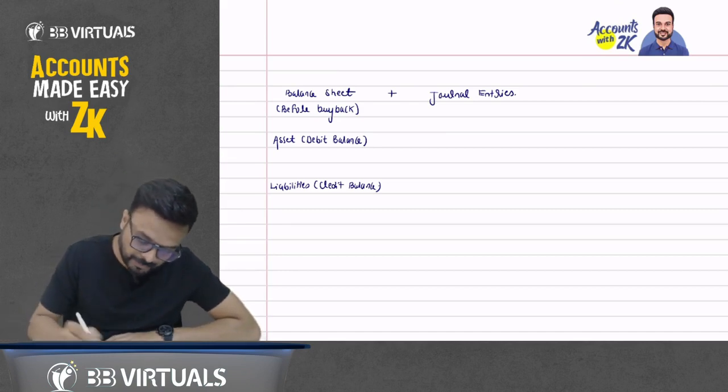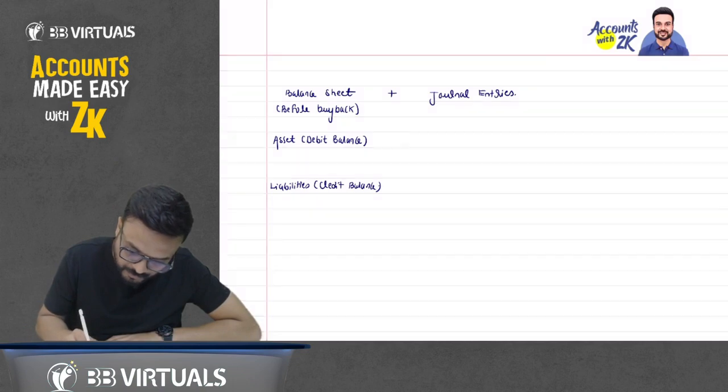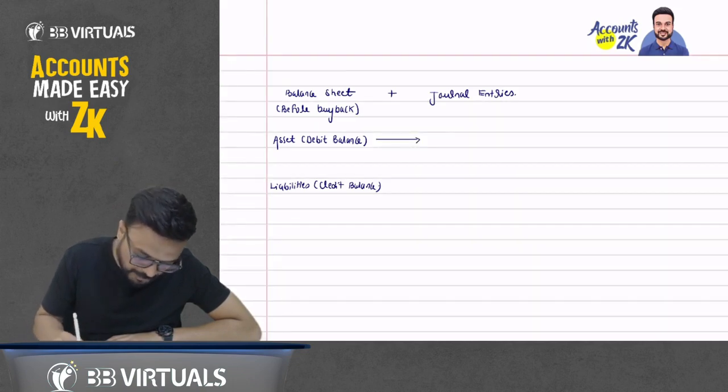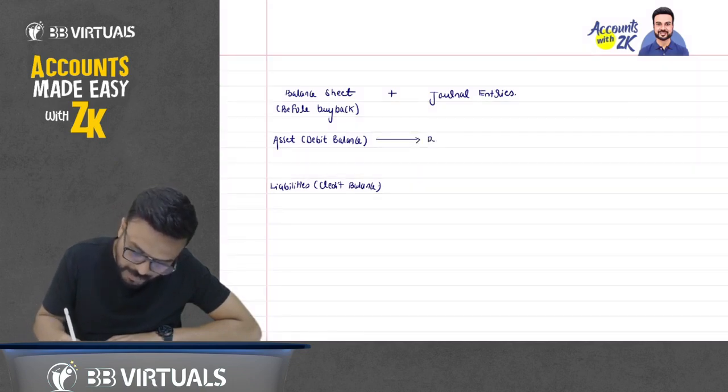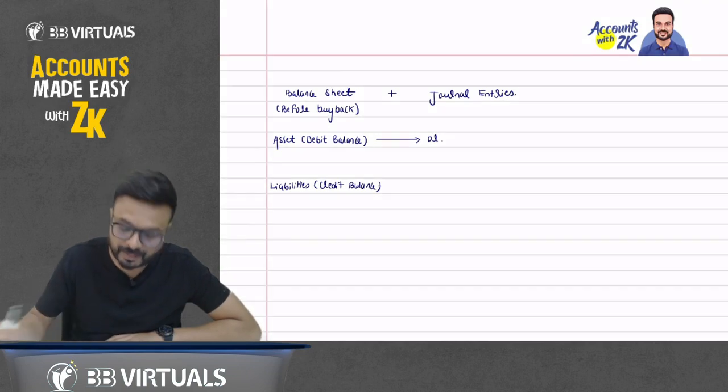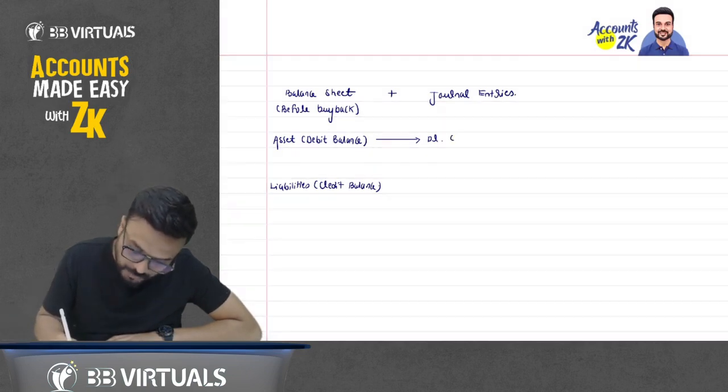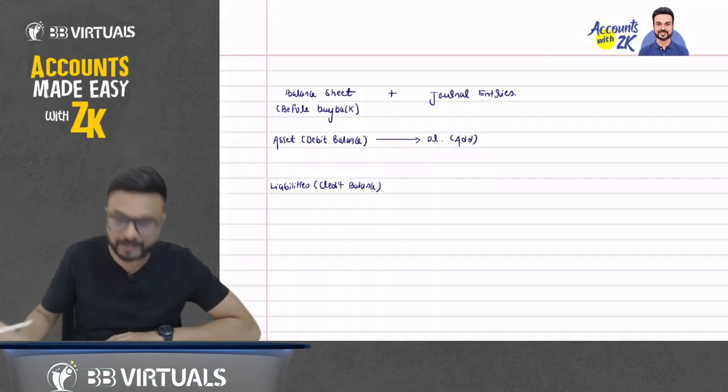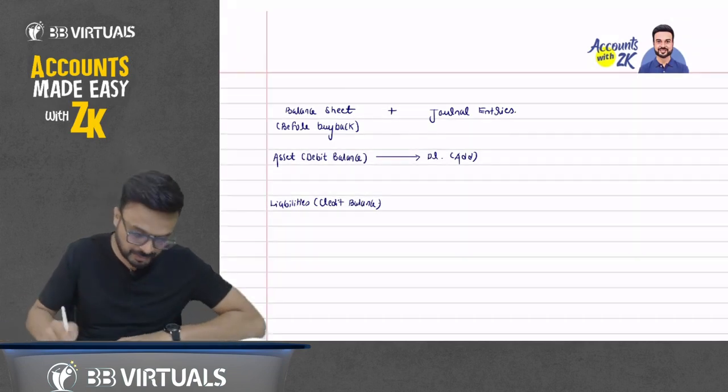In those entries, if it is an asset account and we have debited that account in the journal entries, what we will do is add it. Debit, debit, add. Basic. Listen here.